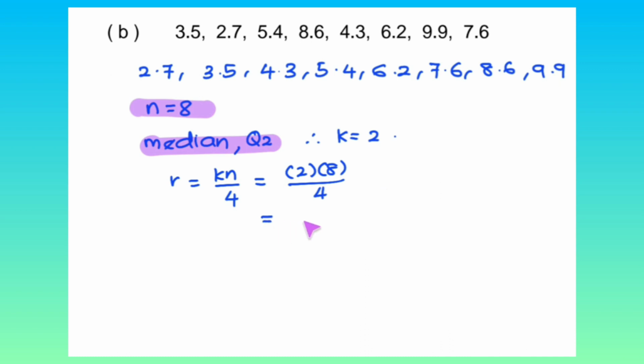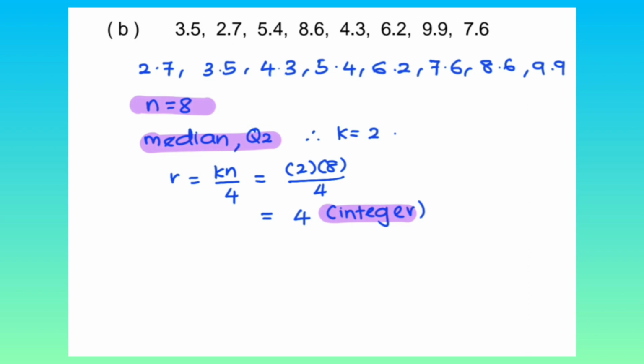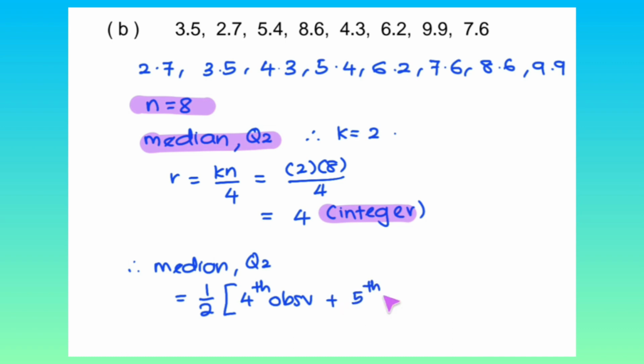So the answer here is 4. 4 is an integer. If we have an integer value of r, then the median Q2 is equal to 1 over 2 times the fourth observation plus the fifth observation.